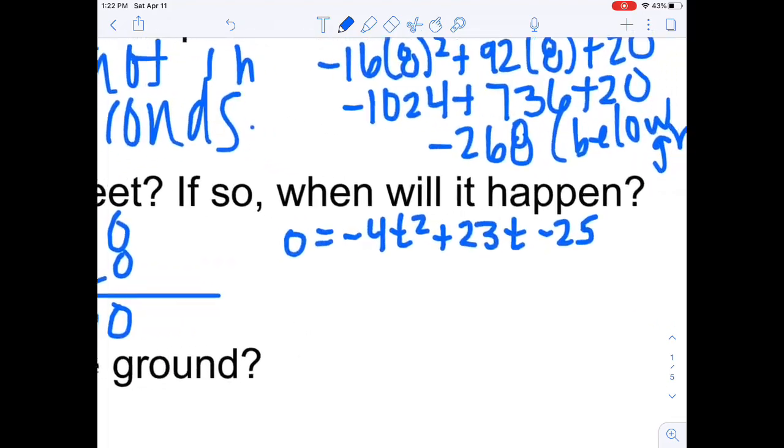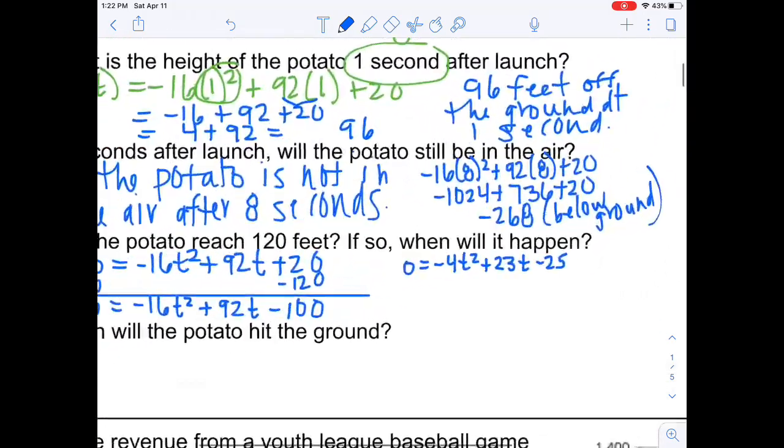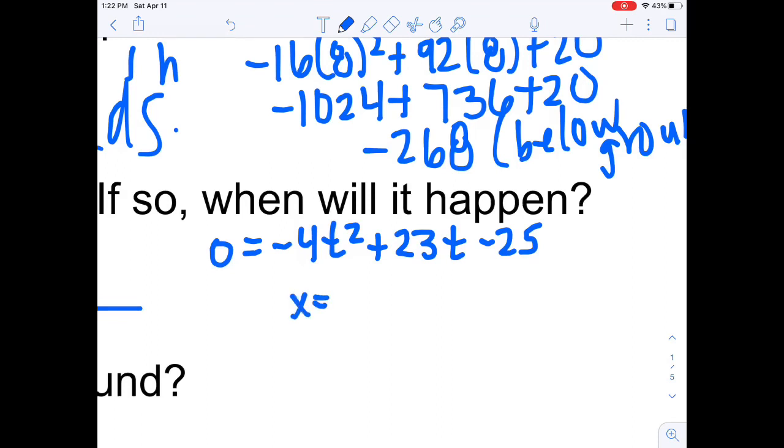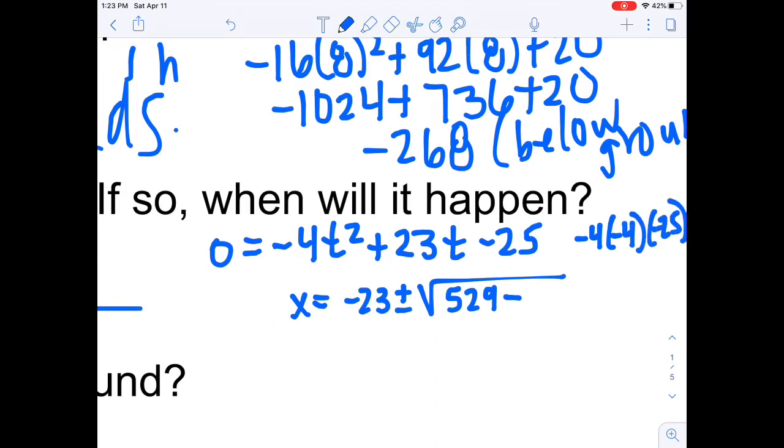Now I'm going to use the quadratic formula. x equals negative b plus or minus the square root of b squared minus 4ac. 23 times 23 is 529 for b squared, minus 4 times negative 4 times negative 25. 4 times 25 is 100, and 4 times negative 4 times 100 is negative 400.